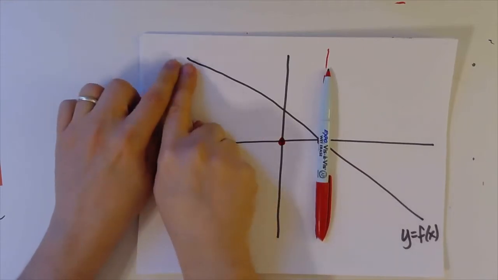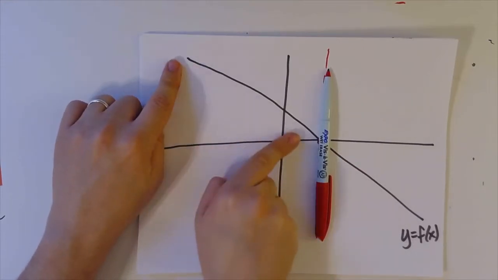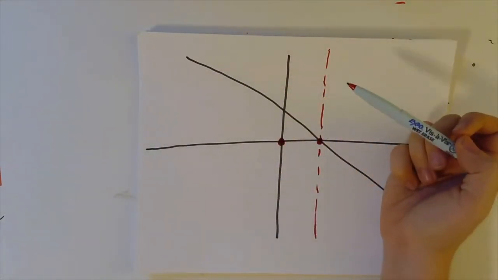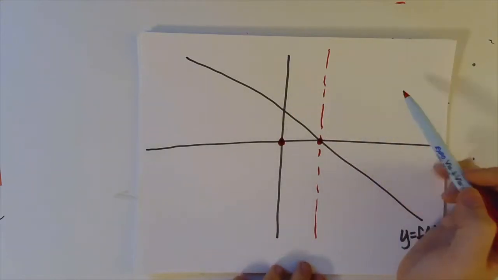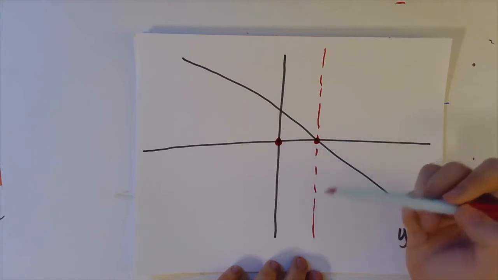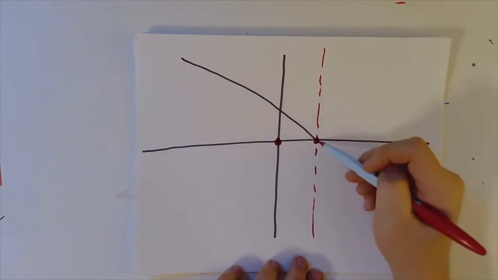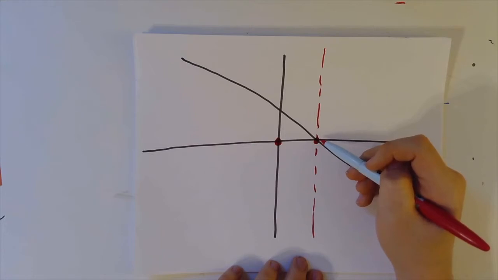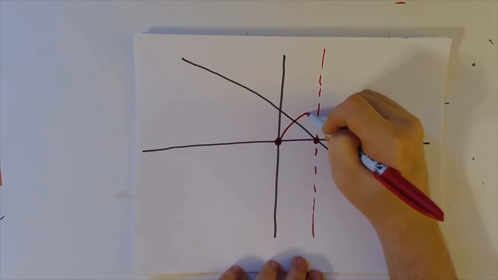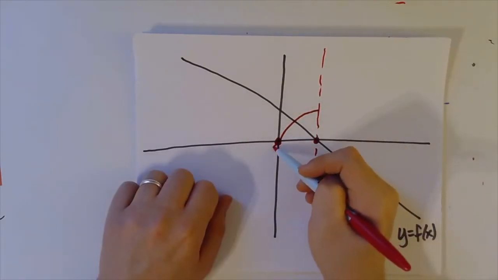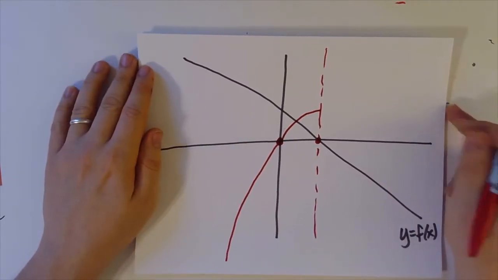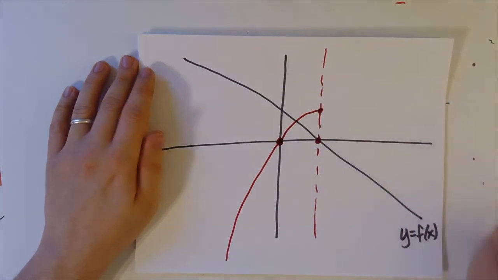But this value is getting smaller and smaller, which tells me that although the function is always increasing, it's increasing at a slower and slower rate, until here, where the tangent line is flat. So it should look something like this, parabola-y, with a horizontal tangent line at this point.